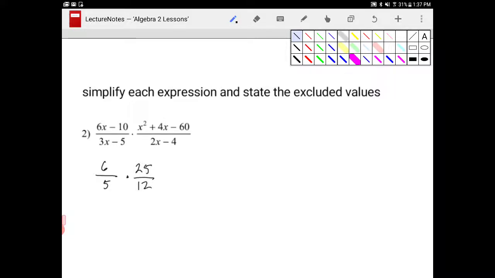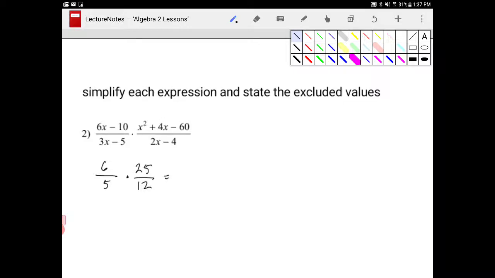By the way, these fractions are considered rational expressions. Remember the earlier lessons in this course when we talked about what rational numbers are. Well, these are rational numbers, and these expressions are rational expressions.